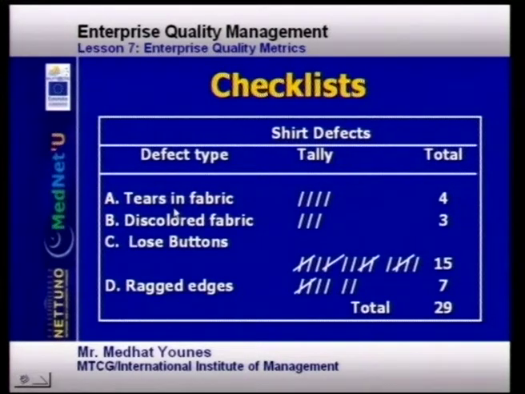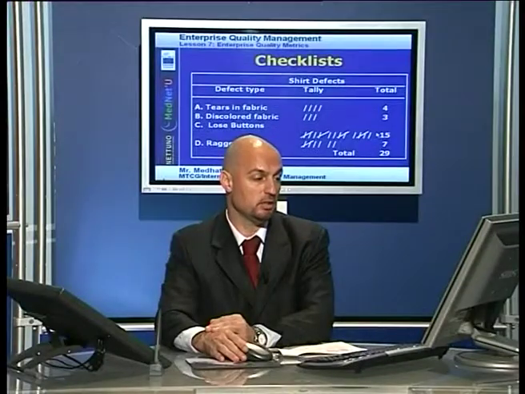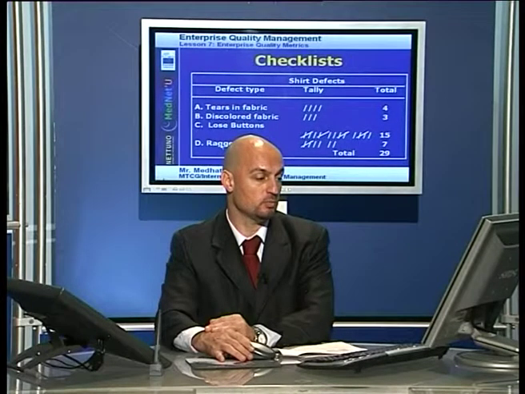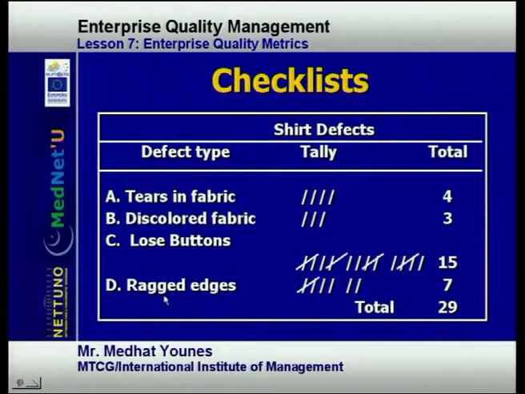And we find that there are 4 out of 1,000 produced shirts with defects in tears or defects in fabric, either in tears or discolored. We find that the most defects are loose buttons on the shirt, and sometimes we find ragged edges.